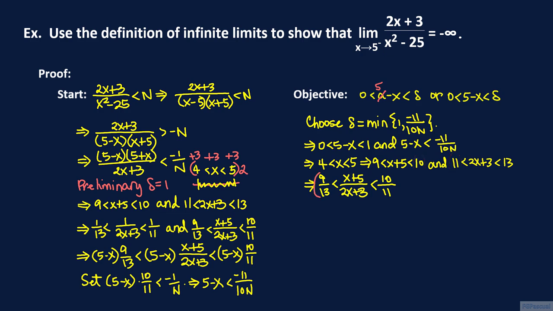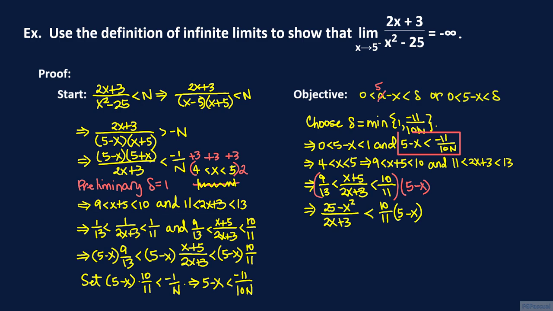Then we proceed to multiply everything by 5 minus x. We take only the rightmost two quantities. x plus 5 times 5 minus x is 25 minus x squared. We're still dividing by 2x plus 3. This is less than 10 over 11 times 5 minus x.